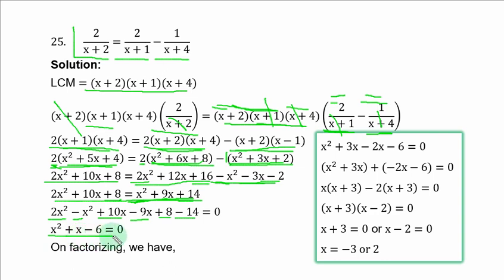We can solve using factorization method. To factorize, you look for 2 factors of 6 whose sum is plus 1, the coefficient of s, and the product is minus 6. Such factors are plus 3 and minus 2.